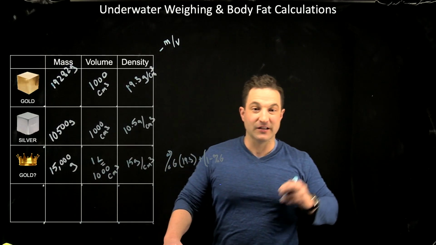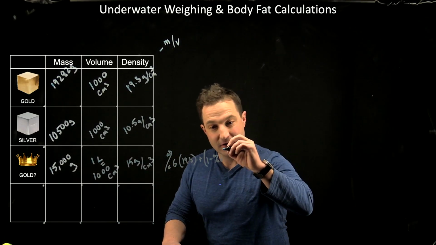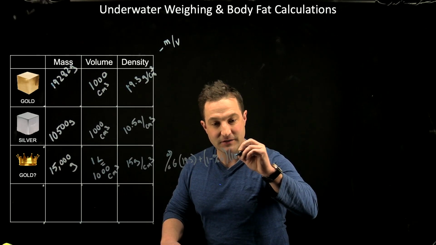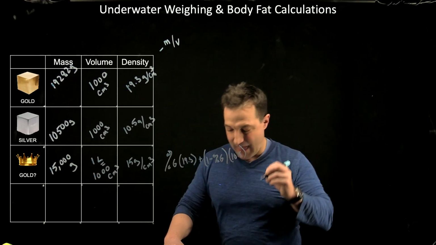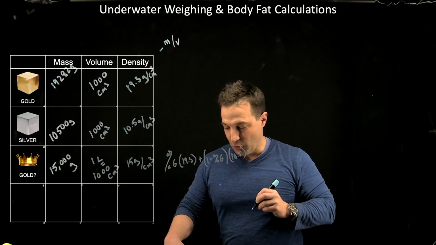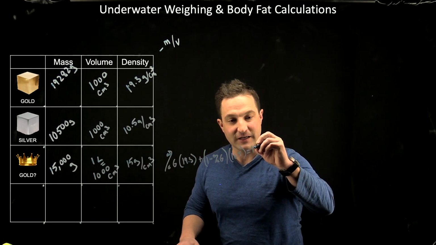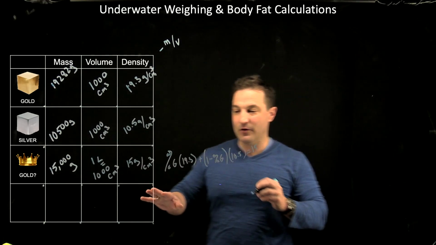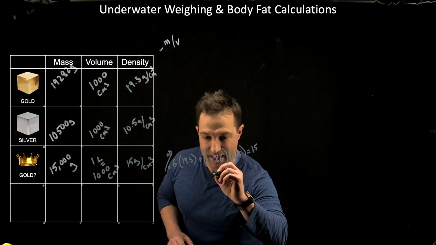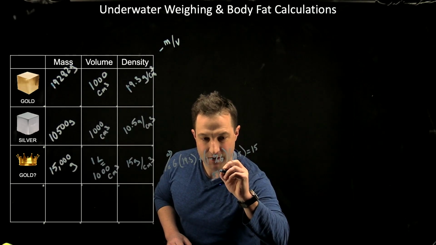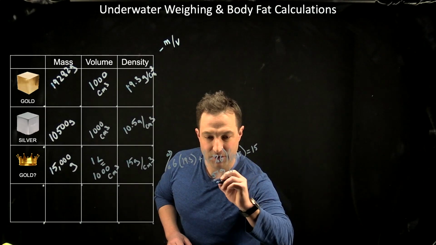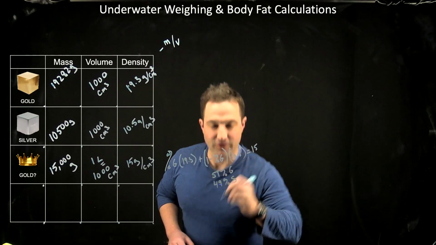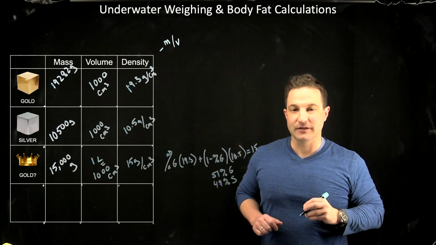We're assuming here that it's only gold or silver. That would be multiplied by the density of silver, 10.5. That would get you your density of 15. If we were to solve this equation and extrapolate it out, what you would see is you would get about 51% gold and about 49% silver from that calculation right there.